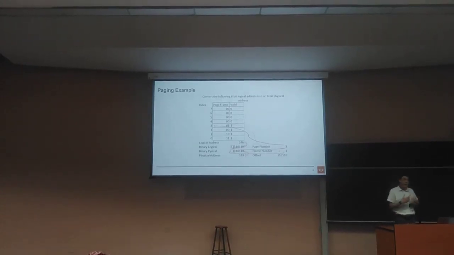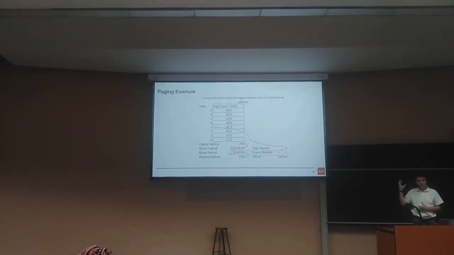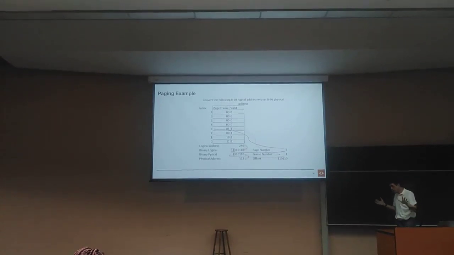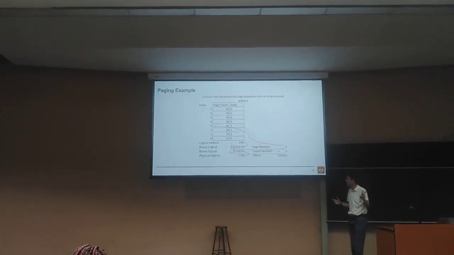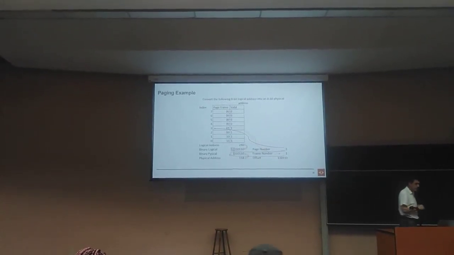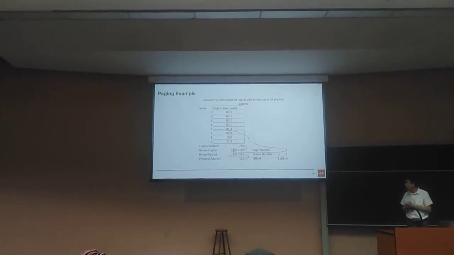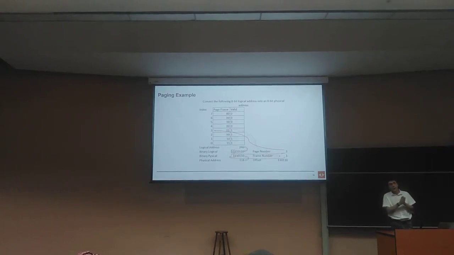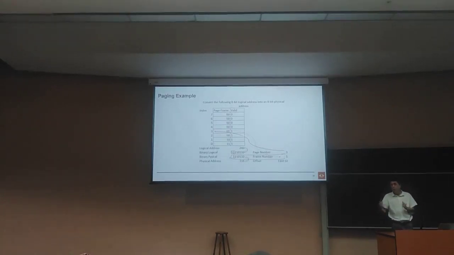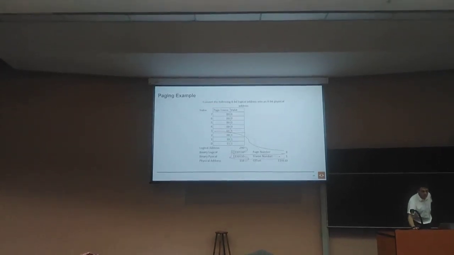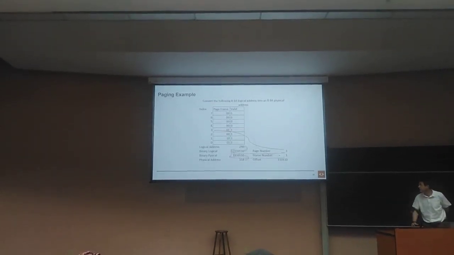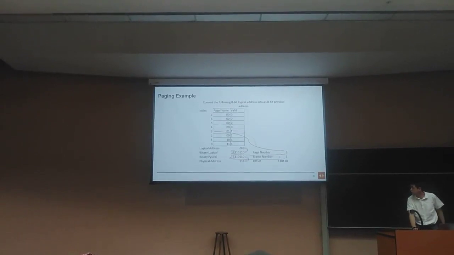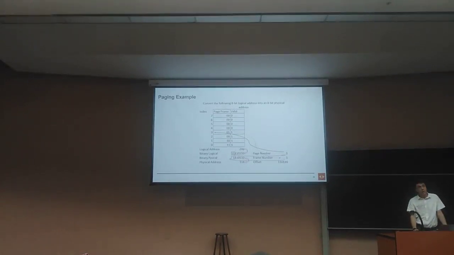But effectively, if not asked, you will assume that the 2 leftmost bits are the page number that we're looking for, and then the other 6 bits, the 6 least significant bits, are the offset. So in the typical example here, 246, if you translate that into binary, it's this binary number.